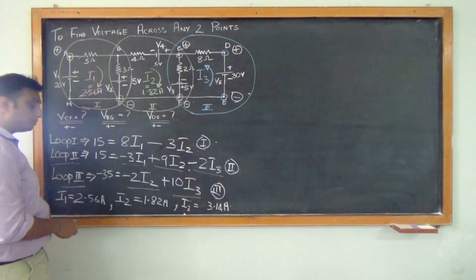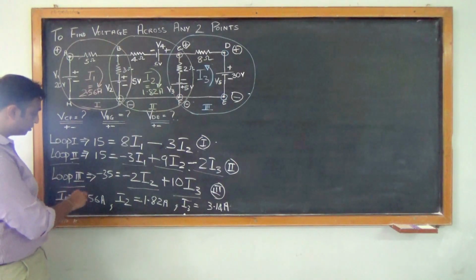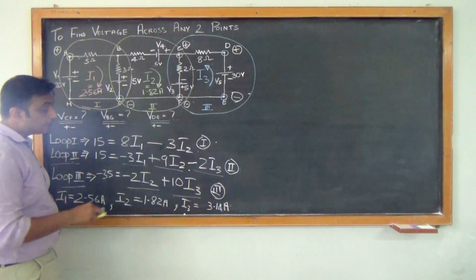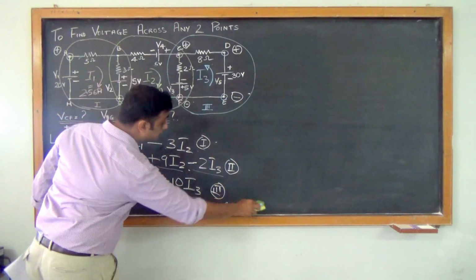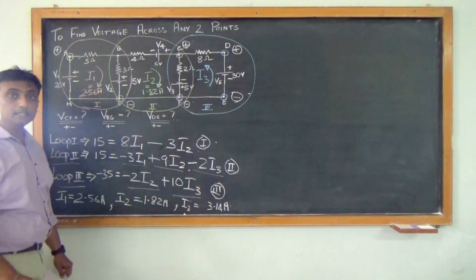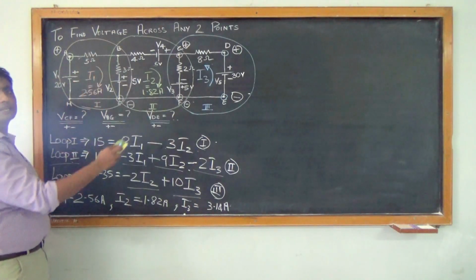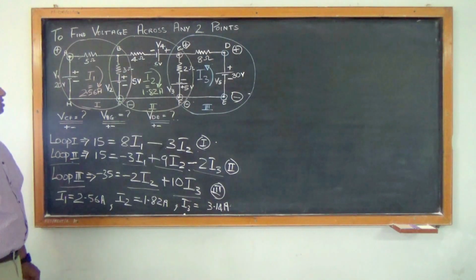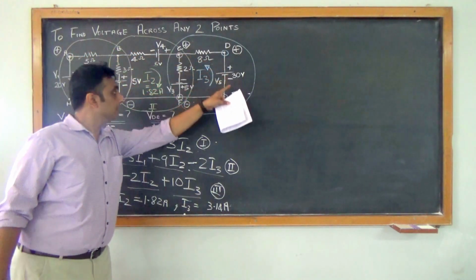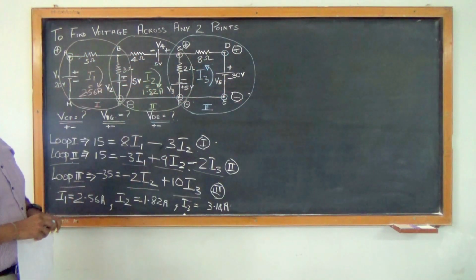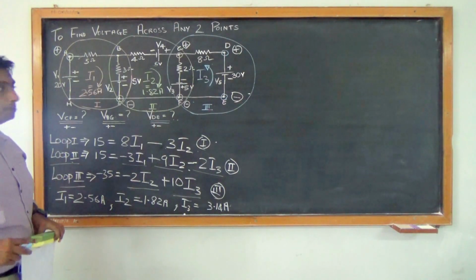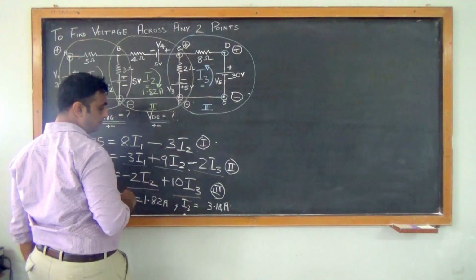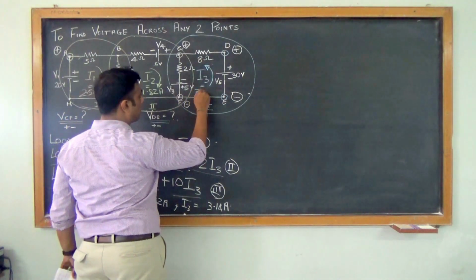So in your next step, you have to write down the currents again: I1 equals 2.56, I2 equals 1.82 and I3 equals 3.14, since we have changed the direction in the diagram. So you have to draw this diagram again and change the direction of I3. So this will be your updated diagram with all your loop currents. So I will input the current of I3.